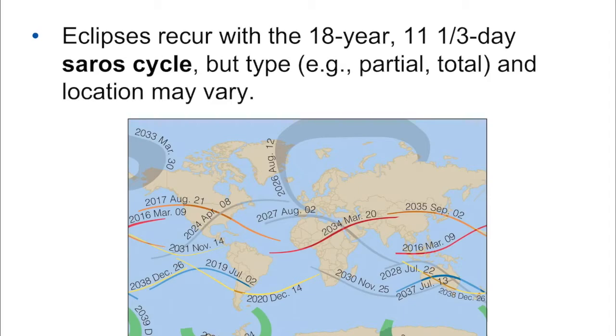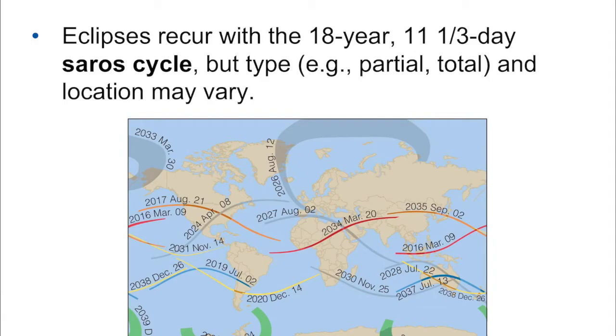Okay? So the eclipses will occur at the same date, but the type and location can vary because we're not taking that into account. So for example, we're always going to get a solar eclipse on the same date, but whereas 18 years earlier it was a total solar eclipse, now it's partial, or it's a ring of fire, an annular solar eclipse. It's a ring of fire because the distance of the moon hasn't lined up.